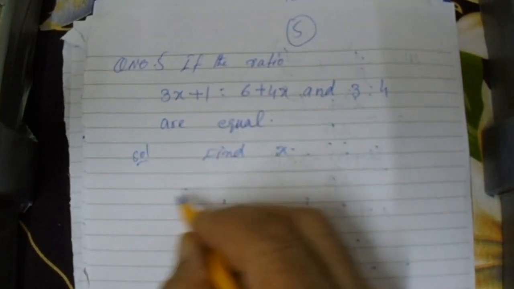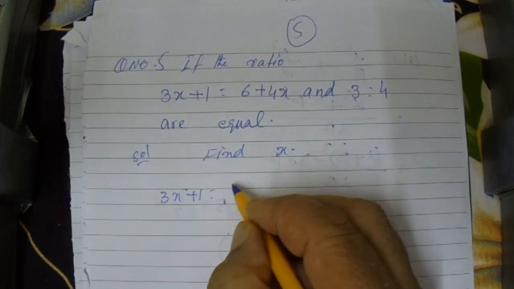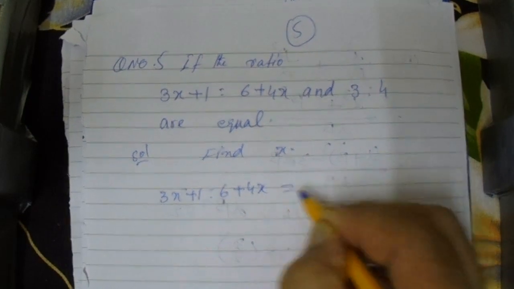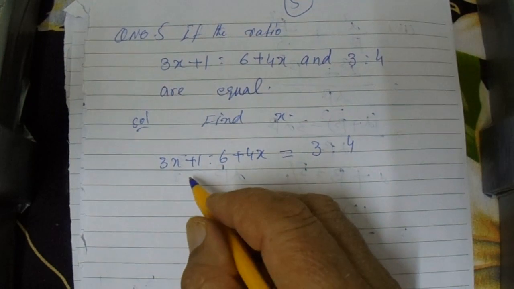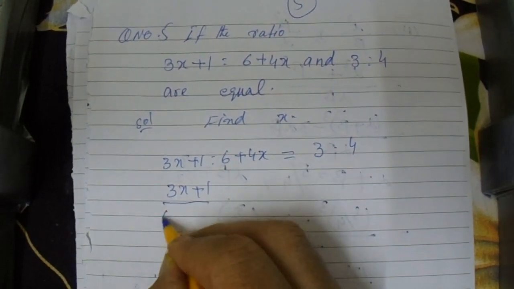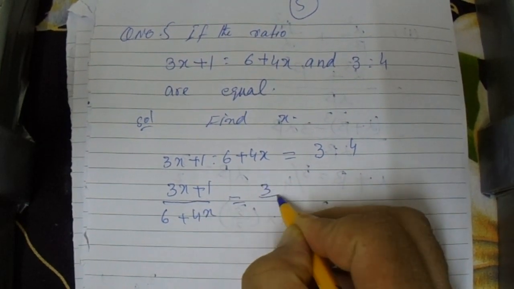Now write this again. 3x plus 1 ratio 6 plus 4x is equal to 3 ratio 4. Now write this in fraction form. 3x plus 1 over 6 plus 4x is equal to 3 over 4.